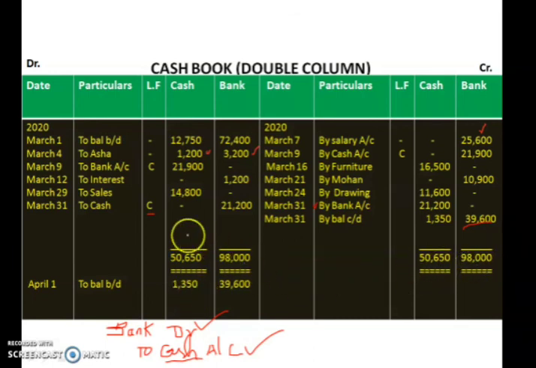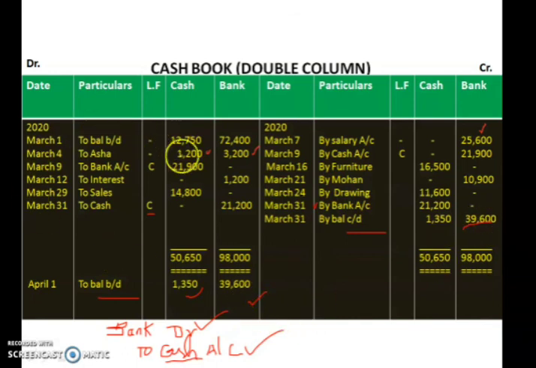Okay, so this is how you will close this account. Now on April 1, to balance brought down, you have to bring this carry down to the next month's first day. On April 1, to balance brought down, 1,350 will be written over here, and the bank, that is 39,600, will be written over here.